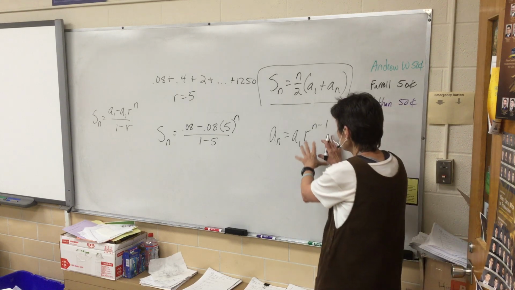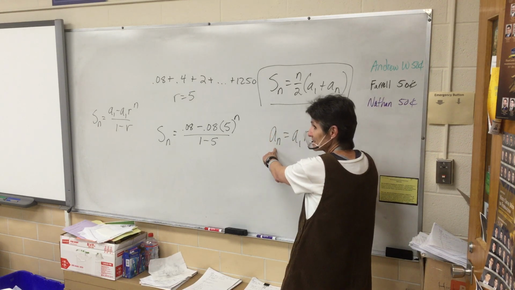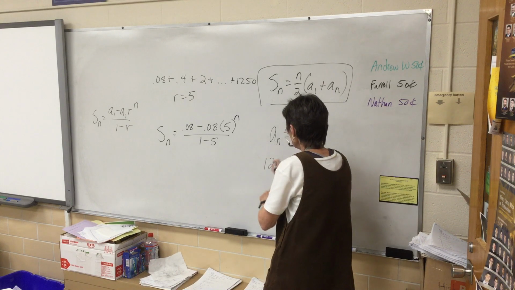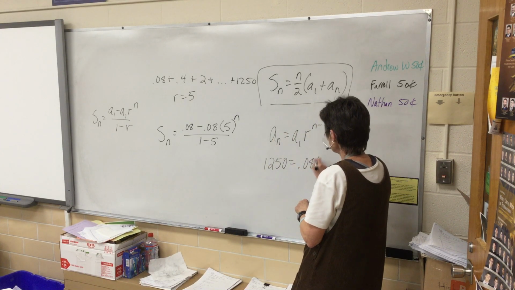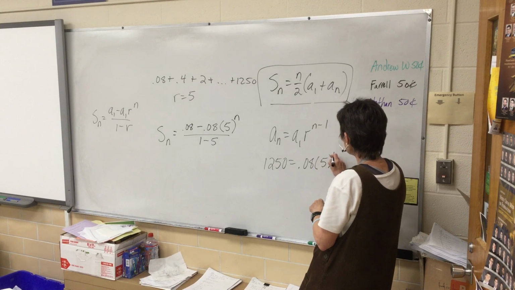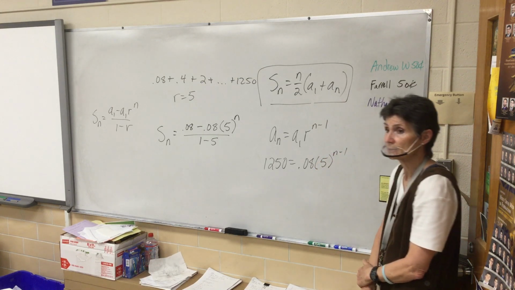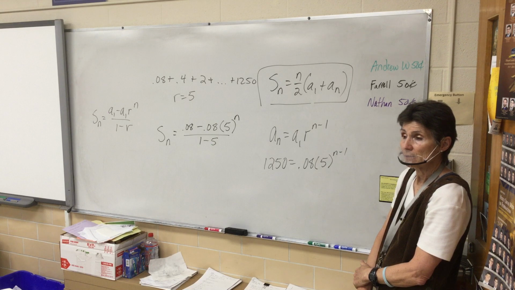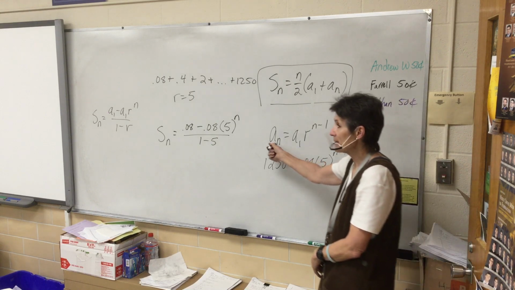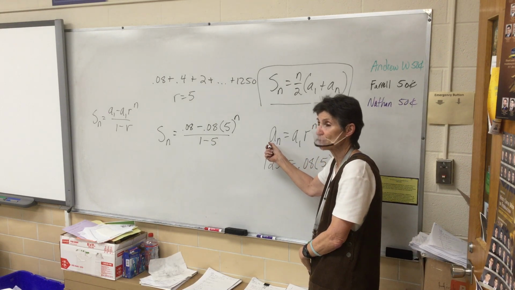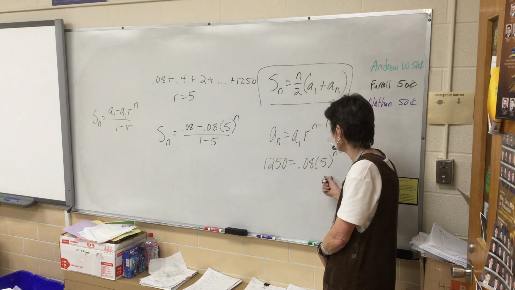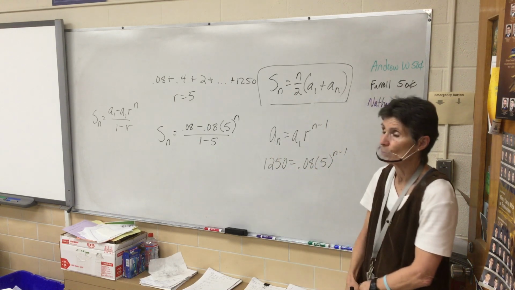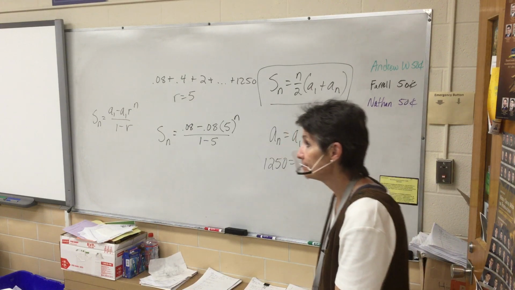And this formula says the last term equals the first term times the ratio to the n minus first. Remember, a sub n is the last term, nth term, last term. First term, ratio. Okay. How in the world are we going to solve that?